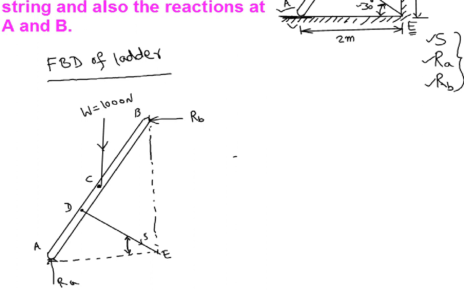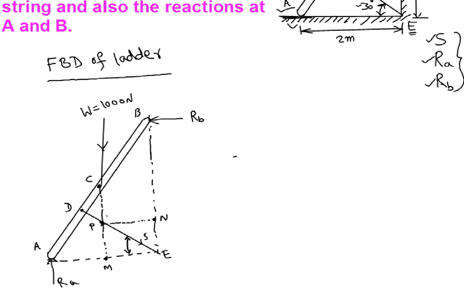Let us say we will extend this down, meeting the string at a point which we may designate as P. From P, draw a horizontal line. That horizontal line meets here at N, and then this point is M.